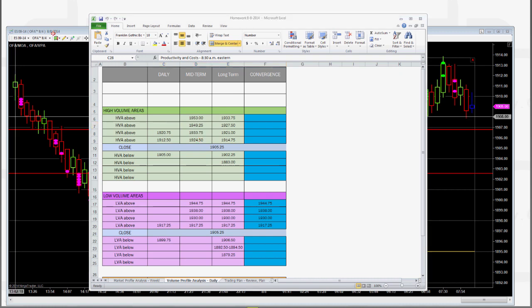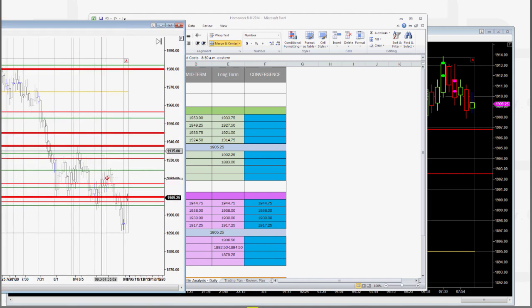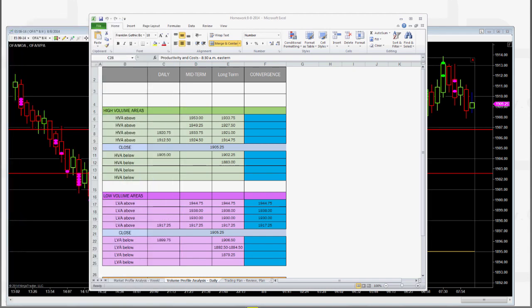So basically I'm taking the high volume areas from this chart, the longer term chart, and the low volume areas, and I'm just plugging them in. And what I'm starting to look for across these things are confluence. I'm looking to see where the daily, and right now this is the same, they start lining up, and where I have agreement, and that could be within a point, especially with the high volume areas.